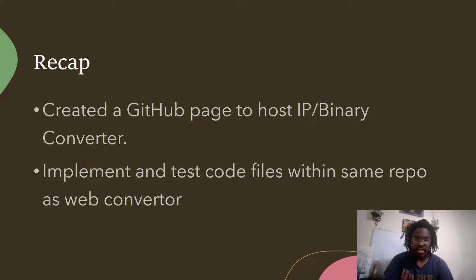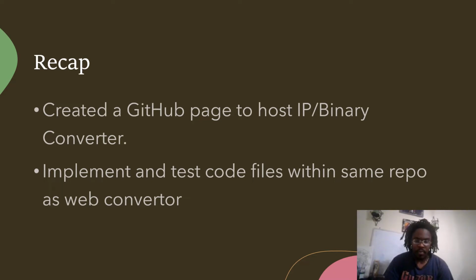And we were able to create that to begin building the website for the project. Also, we implemented and tested code files within the same repo as a web converter, and that will be the main focus of this presentation.